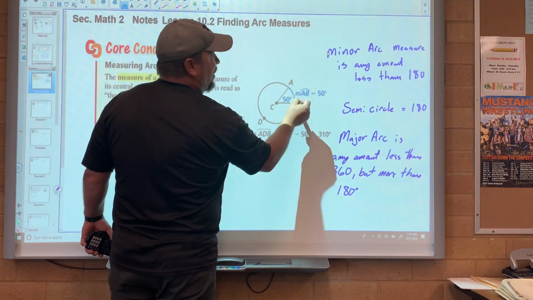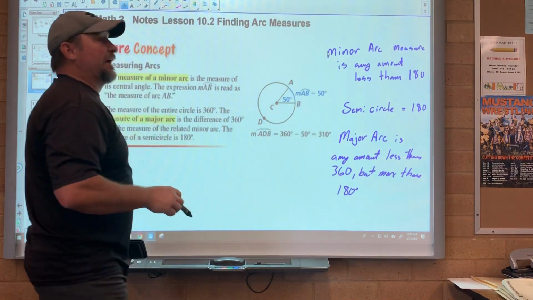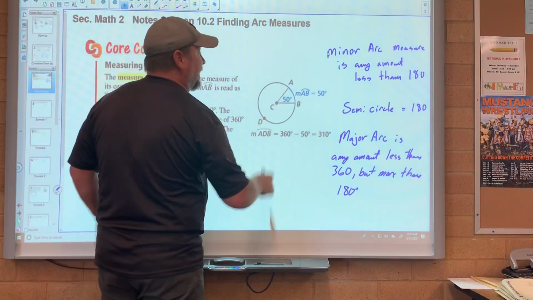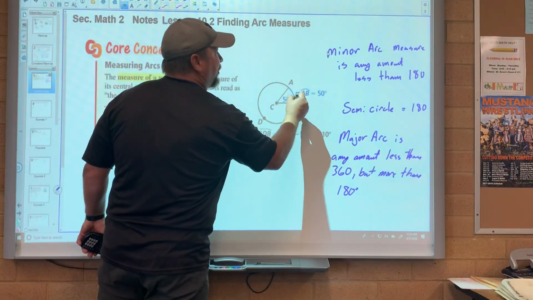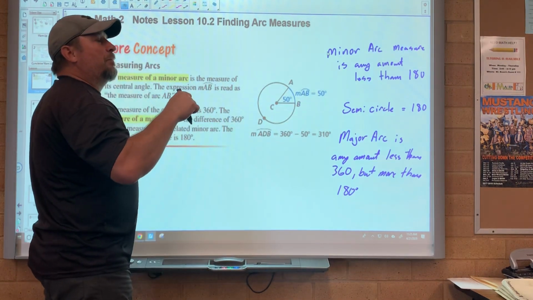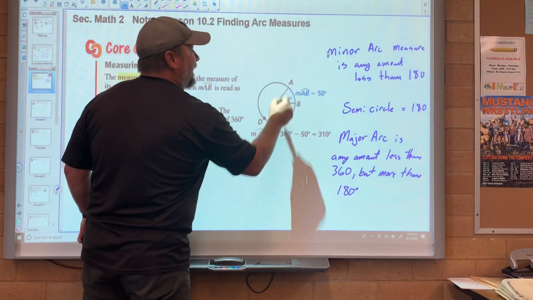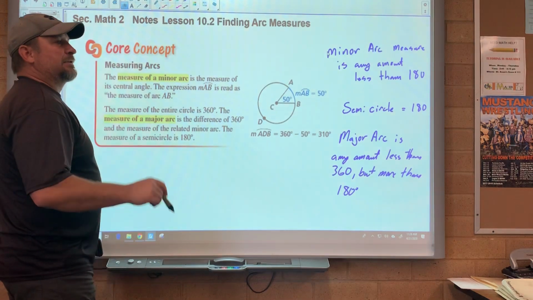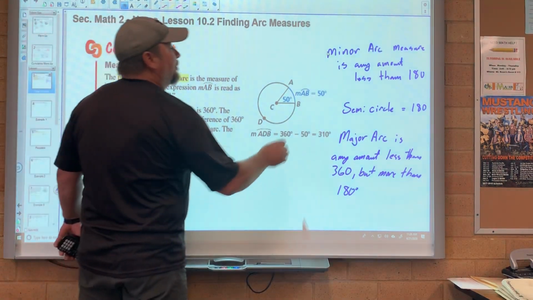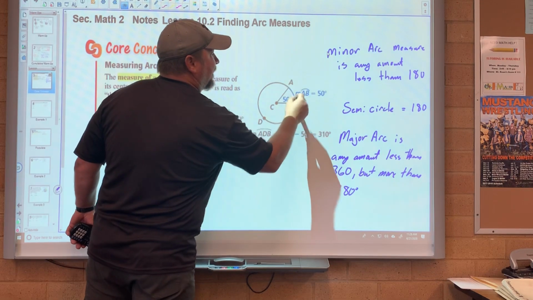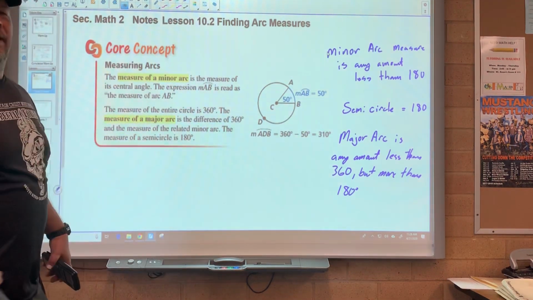Well, that makes the arc measure 50. Now, that's not the actual distance. I need to make sure everybody understands this. Arc measure is the same as the central angle. But arc length is different. That's something we'll learn later.